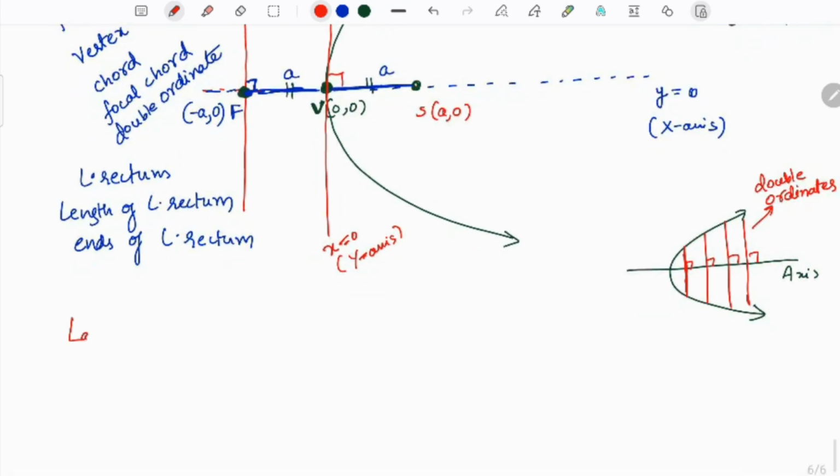Okay, what about latus rectum? Latus rectum is a chord which is focal chord as well as double ordinate.